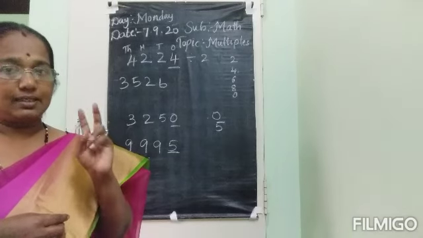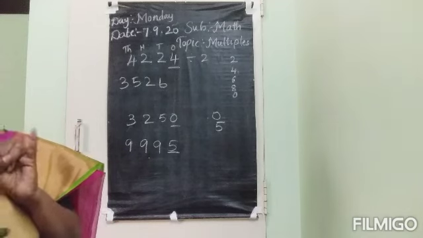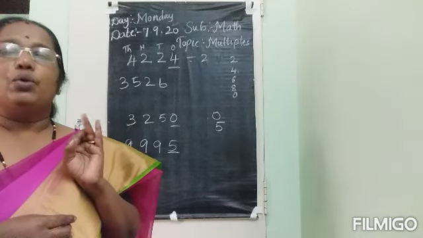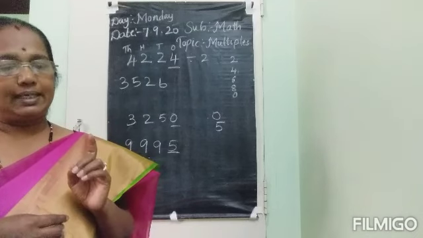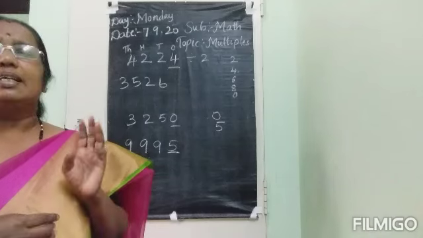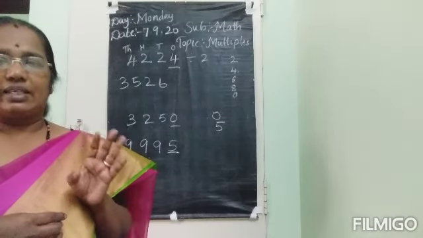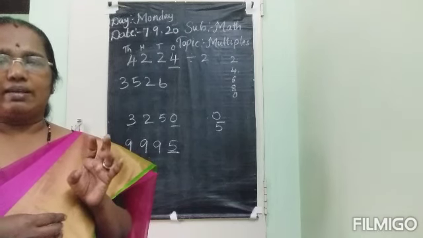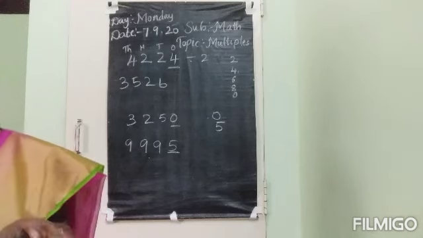So what is the test of divisibility rule for 2? If it has 0, 2, 4, 6, 8 in the ones place, then it is divisible by 2. The test of divisibility rule of 5 is, if it has 0 or 5 in the ones place, then it is divisible by 5.